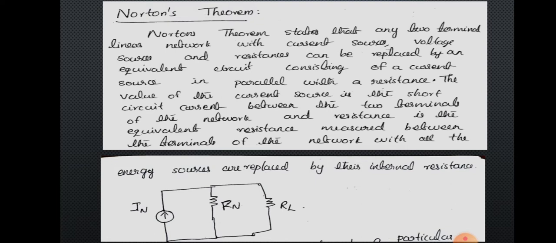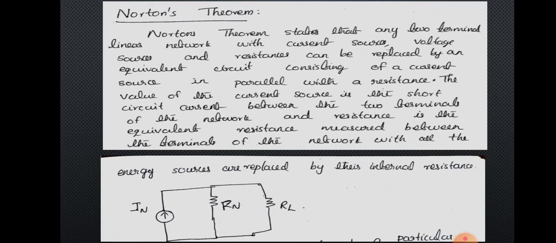In the case of Thevenin's theorem, we similarly converted a complex network into another network containing a voltage source VTH and a series resistance RTH. And here we are converting the complex network into a current source and a parallel resistance.